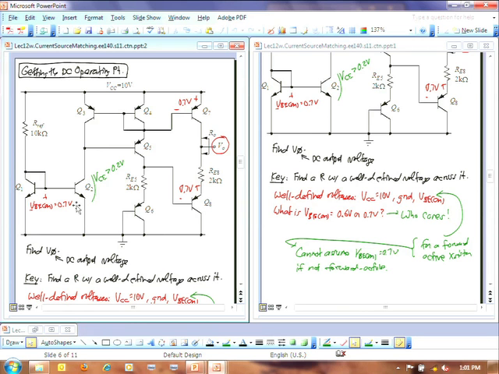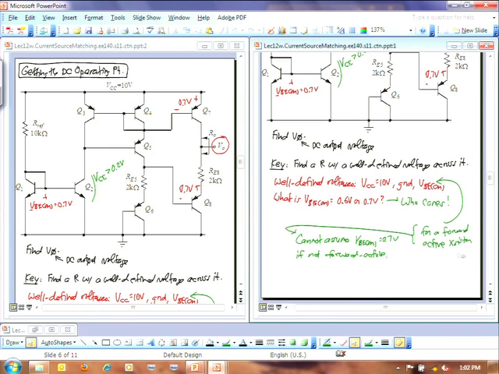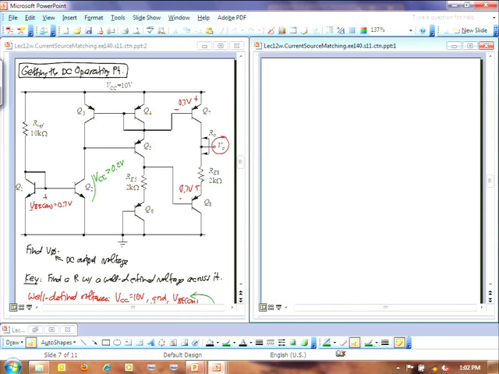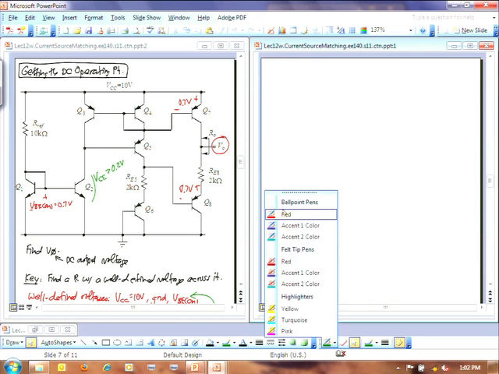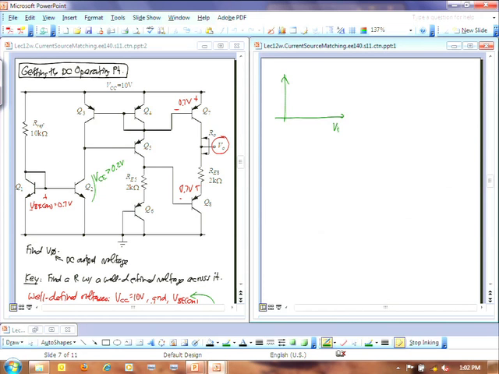I'm assuming everything is forward active, which means I'm assuming I have 0.7 volts across all of these VBEs. And just as an aside, just to make sure everyone understands, why is it that we can make that assumption that the VBE is so stable? It's because of this. If you plot the collector current of a bipolar transistor versus VBE, you know the equation for that collector current: IC equals IS times e to the VBE over VT.